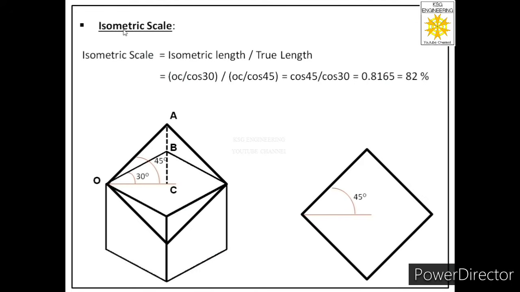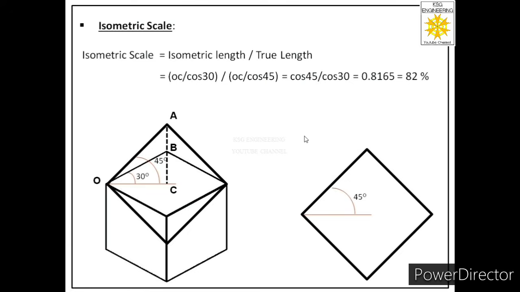Now the purpose of isometric scale is that whenever we have to draw isometric projection of any object, we will be given an object which will have true lengths. So first of all we have to convert those true lengths to isometric lengths. Means we have to convert true lengths by reducing their size by 18%, or we have to consider 82% of the actual lengths.